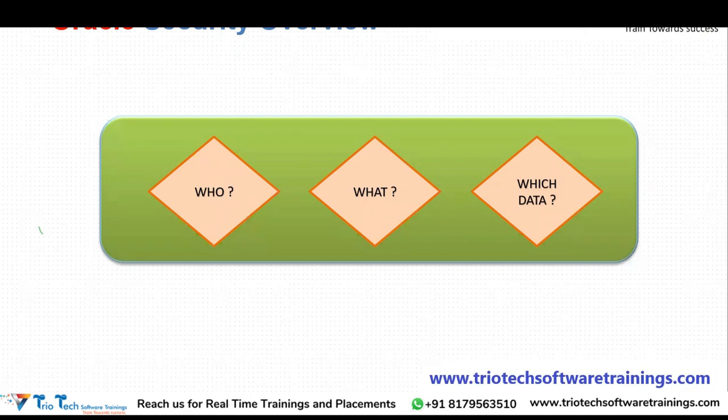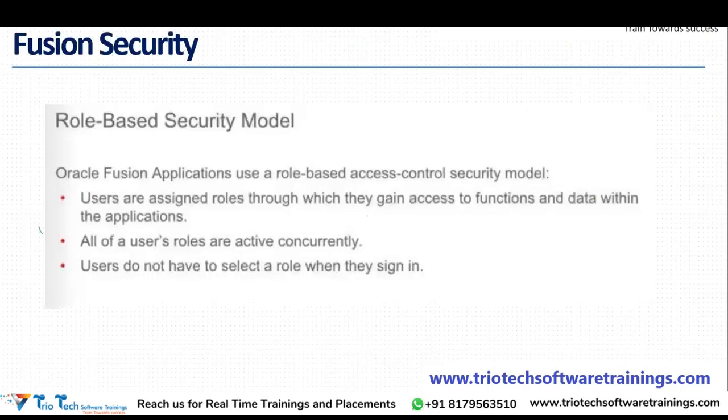It is the user who is given the access based on the user ID and the password. Now in Oracle Fusion, the question of what is answered by a role-based security model. In Fusion, it is based on the roles that are assigned to a particular user that he gets access to certain applications and the tasks to be performed as part of those applications.